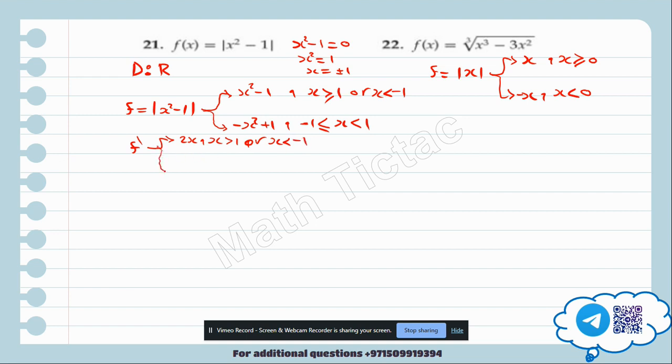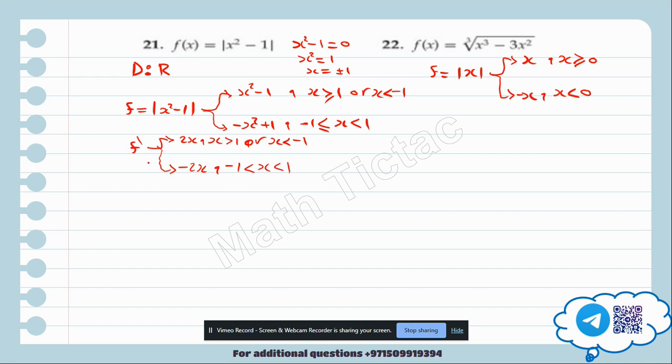The derivative of the second one is minus 2x. Be careful, I removed the equal signs once I found the derivative. Now this is when minus 1 is less than x less than 1.